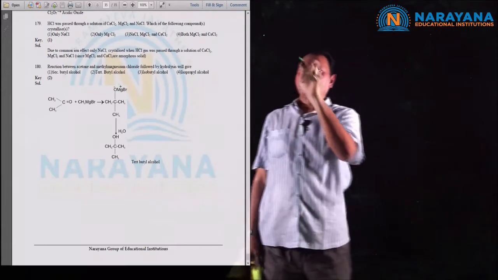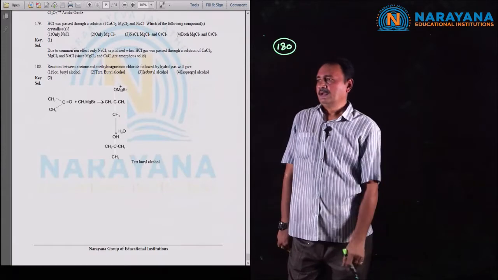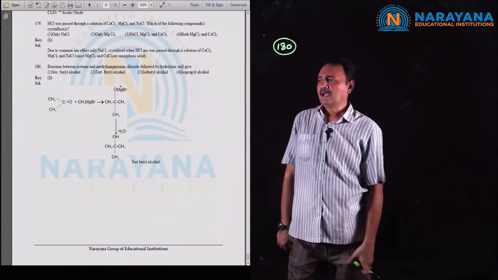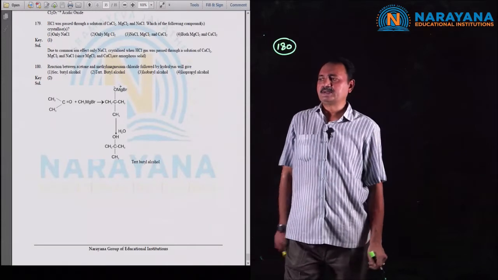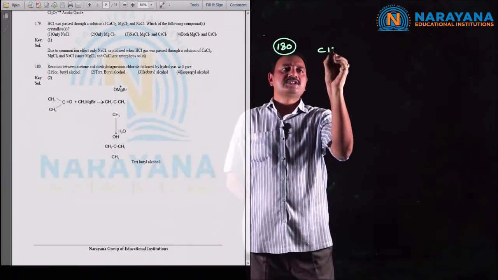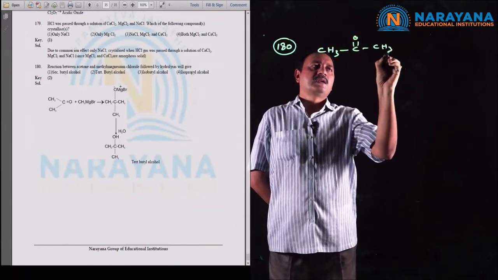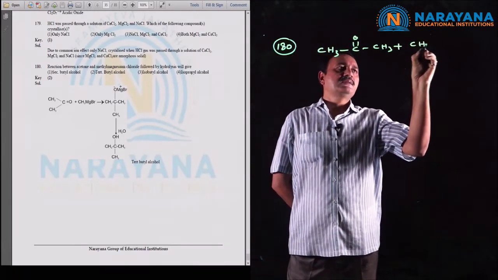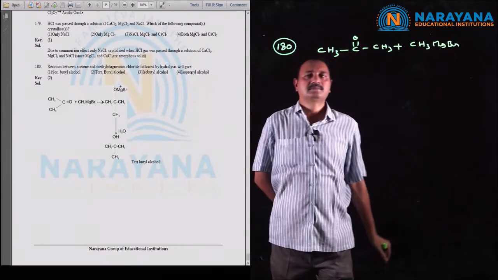Next question number 180. Reaction between acetone and methyl magnesium chloride followed by hydrolysis gives. Now this is acetone, CH3 C double bond O CH3, which is allowed to react with methyl magnesium bromide.